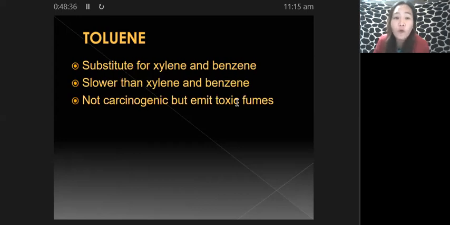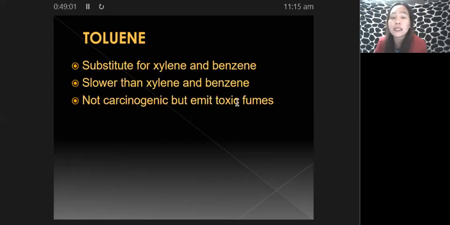And so, overnight immersion of your samples in toluene is possible. I repeat, overnight immersion is possible since it does not over-harden your tissue samples.